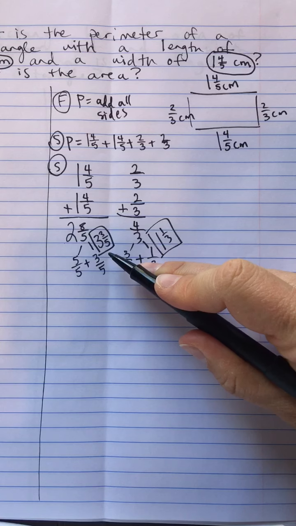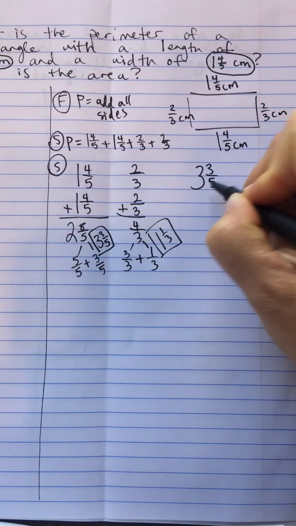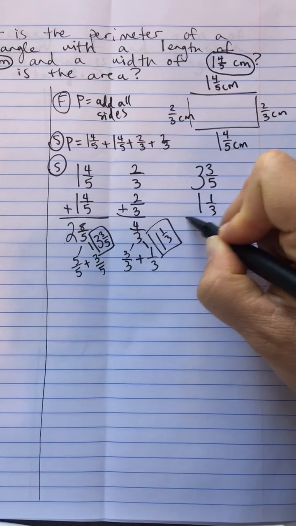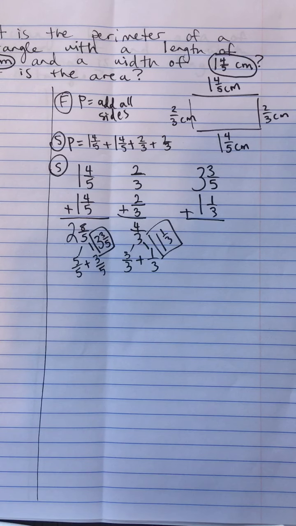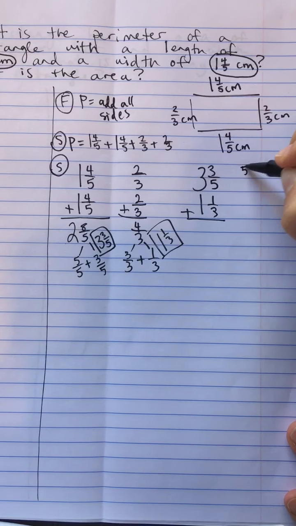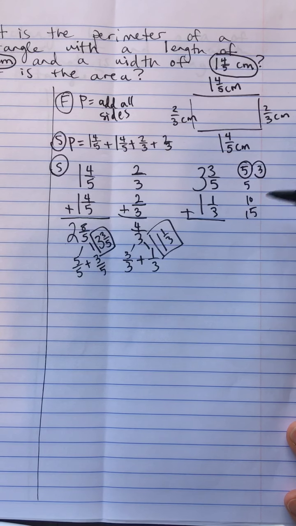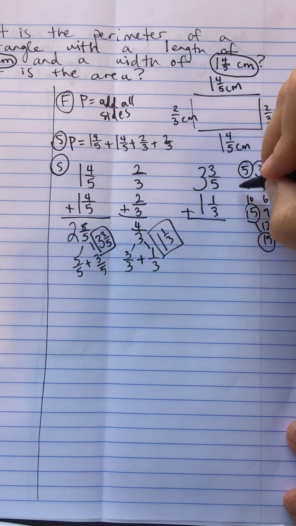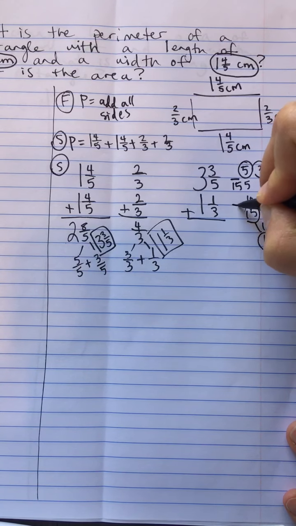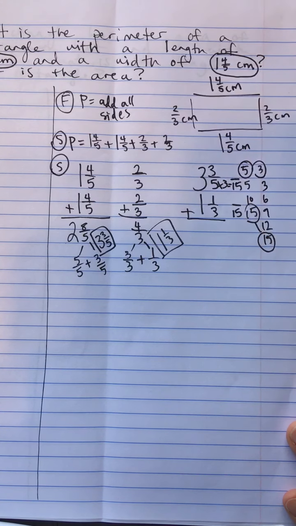So now I need to add 3 3/5 plus 1 1/3. I'll do that over here. I cannot add these like they are because they don't have common denominators. So I'll list out my 5s, I'll list out my 3s. And I found a common denominator of 15. I'll set up my new fractions with my new denominator of 15. 5 times what equals 15? 3.